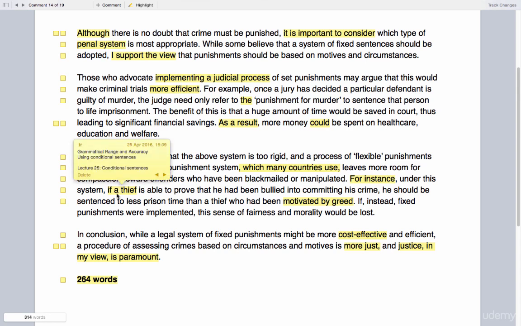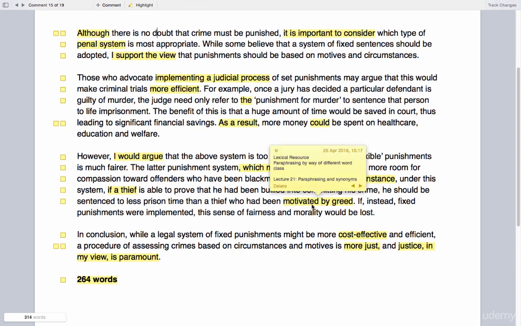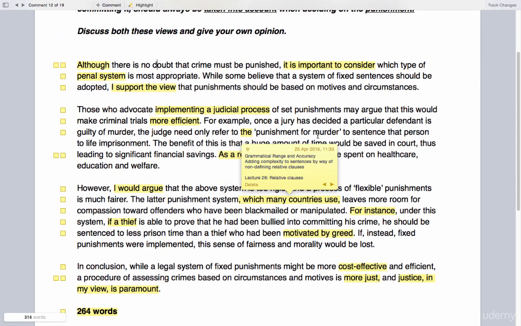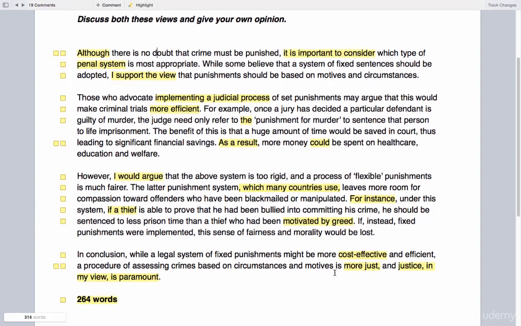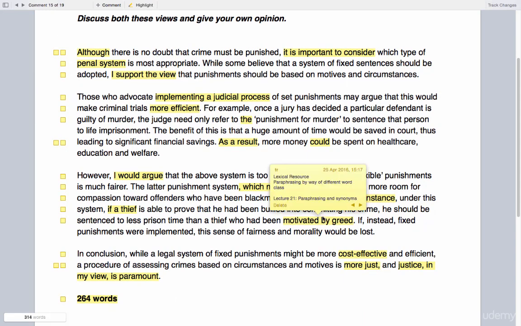"If a thief." Here we're using a conditional sentence to further improve our skills in grammatical range and accuracy. And you can learn about conditional sentences, which are very, very useful in Lecture 25. And finally, "motivated by greed." Here we're trying to paraphrase the language in the task, which talked about motivation, paraphrasing by way of different word class.